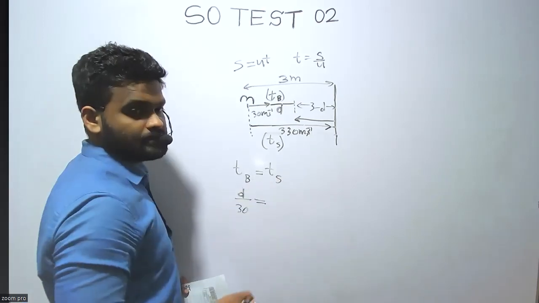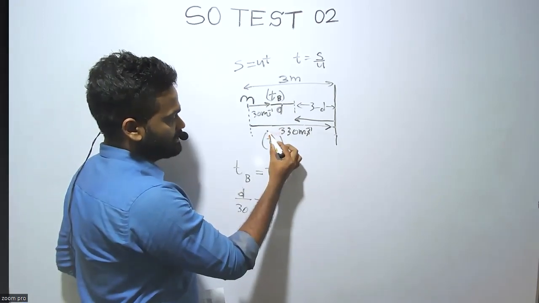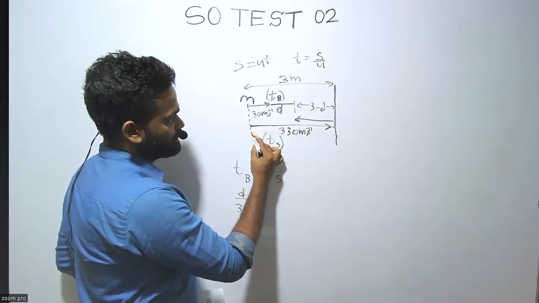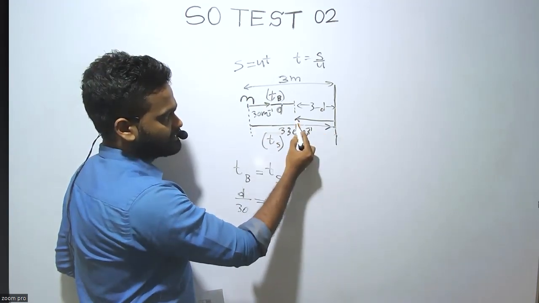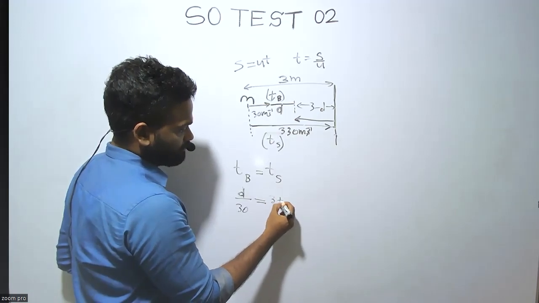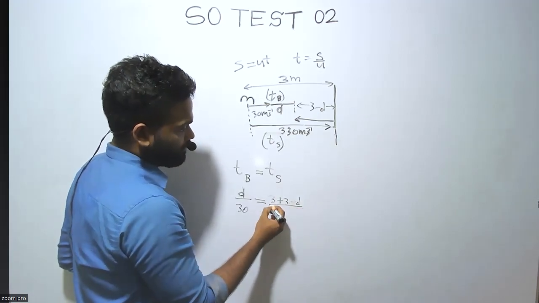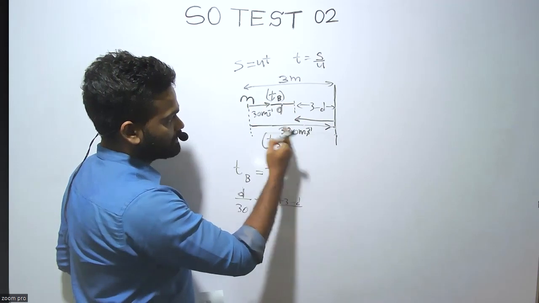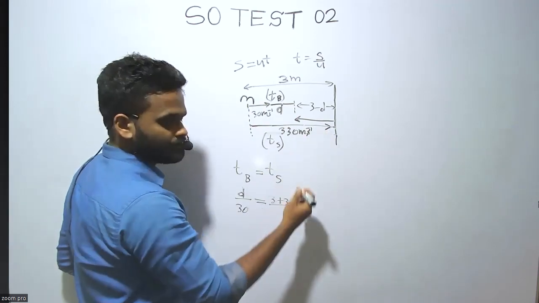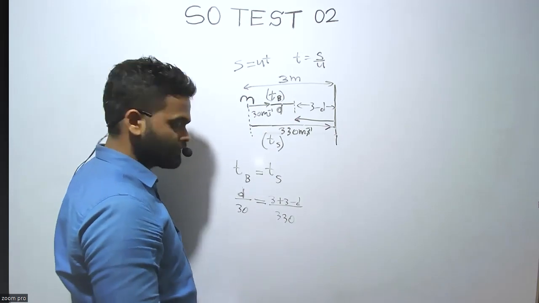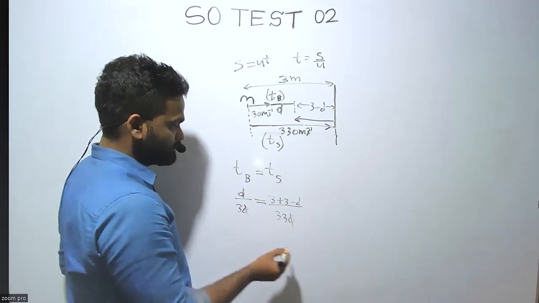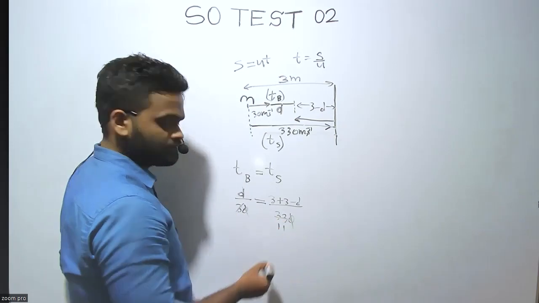Then time for the sound. The distance traveled by sound is how much? This distance is 3 plus 3 minus d. Then the velocity of the sound is 330. Right? Then just cancel this 2, then 11.